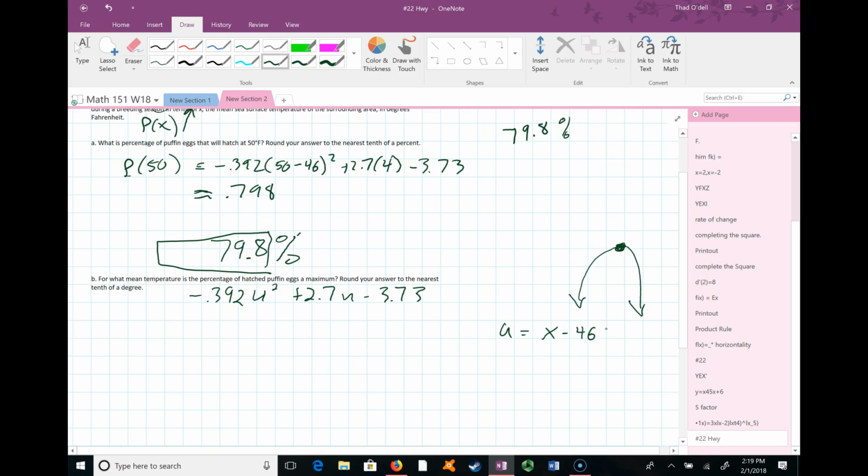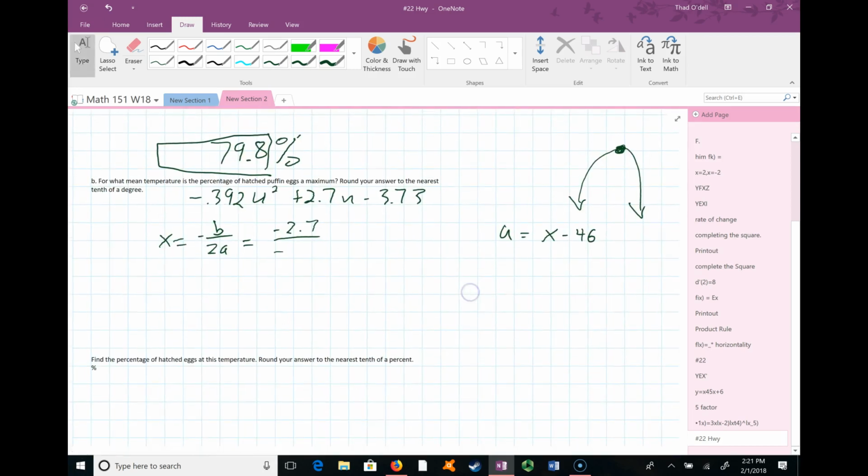So how do I find the vertex of a parabola? I could use the completing the square method, or I could use x equals negative b over 2a. That's probably what I'm going to use because with all the decimals, completing the square would not be a fun project. So that would be negative 2.7 divided by 2a, which is negative 2.7 divided by negative 0.784.